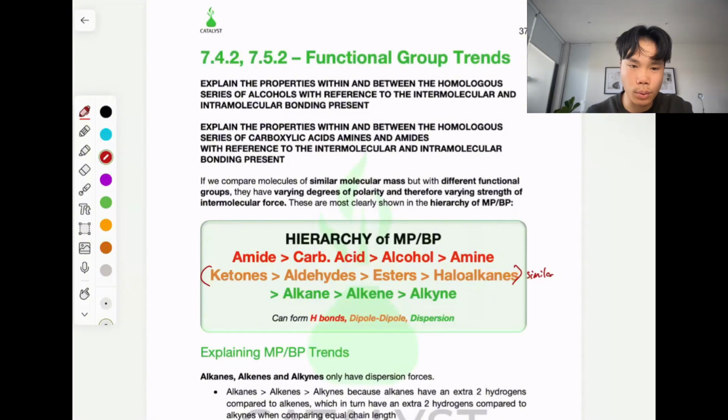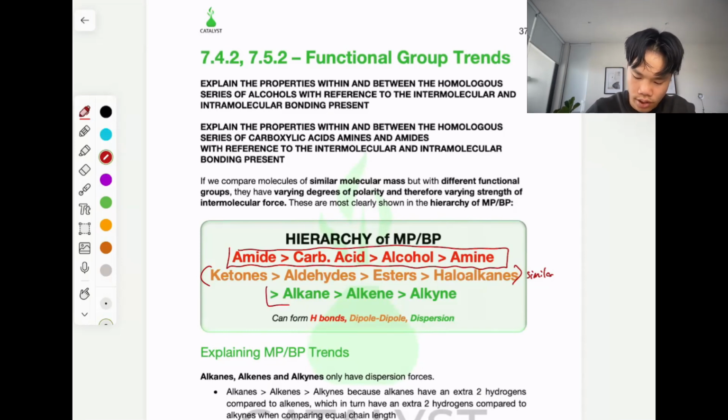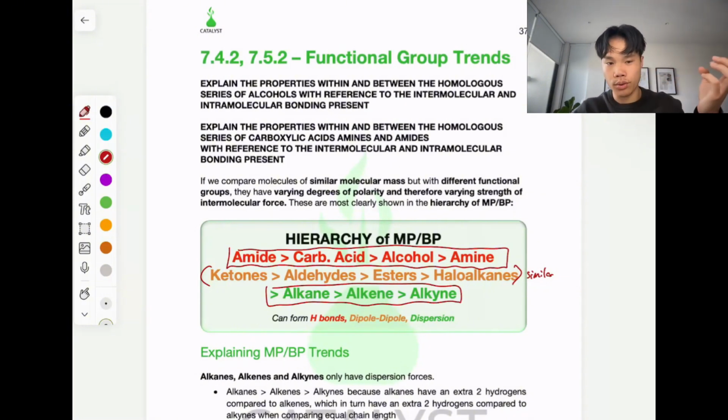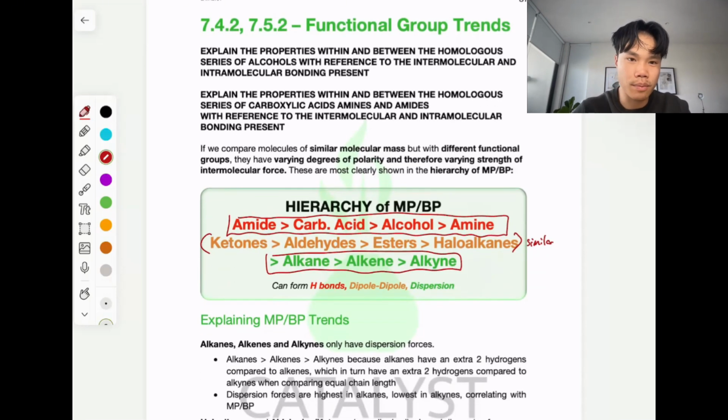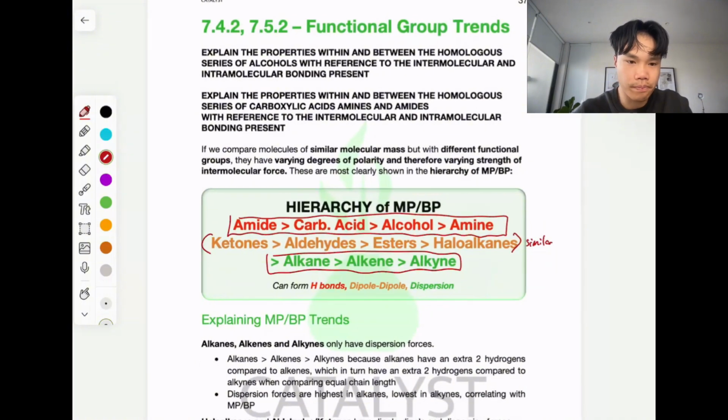And you can't know very well for the orange line, but you can justify the differences in the red hydrogen bond forming molecules, and you can justify the green hydrocarbons in a simplified way where you just say, if you have more hydrogens, there'll be more dispersion force. And so the alkanes will be higher than the alkenes, and the alkenes will be higher than the alkynes. This is not how it is in reality, but for HSC, this is how you justify it.